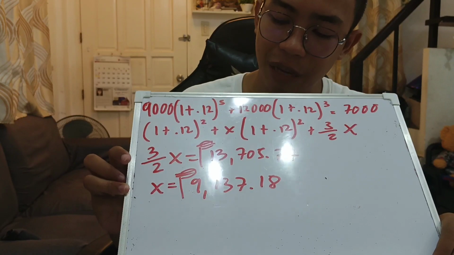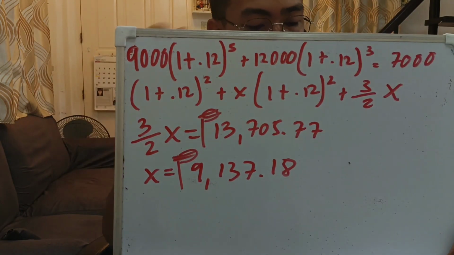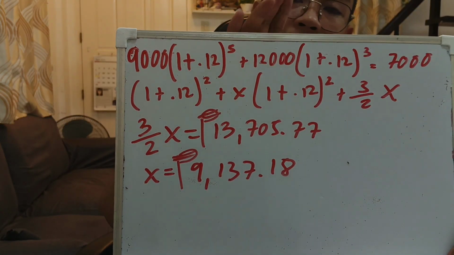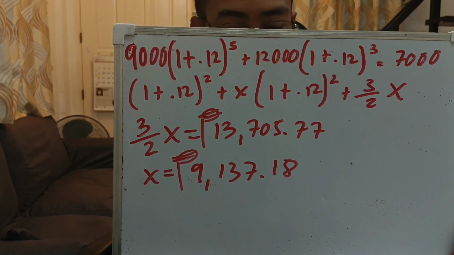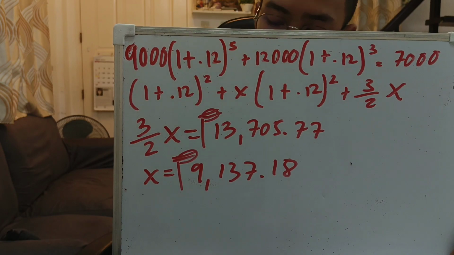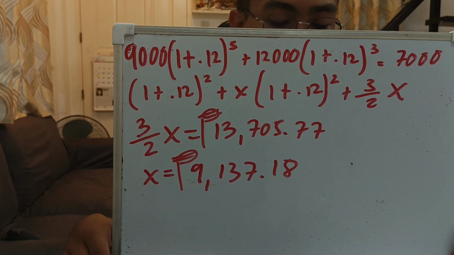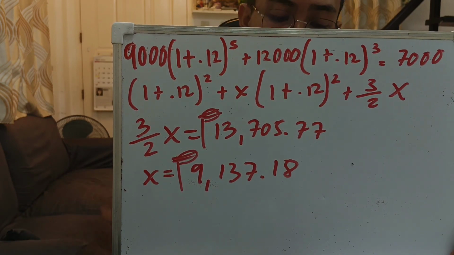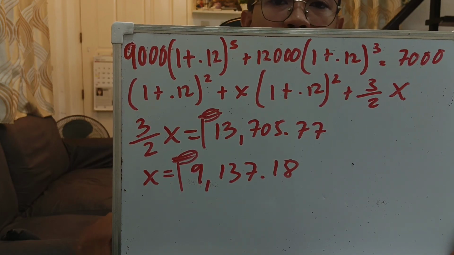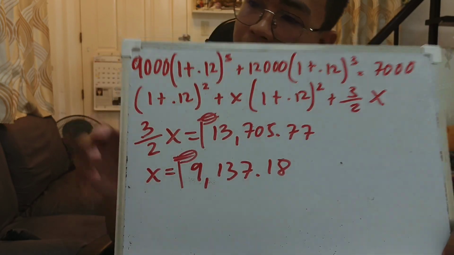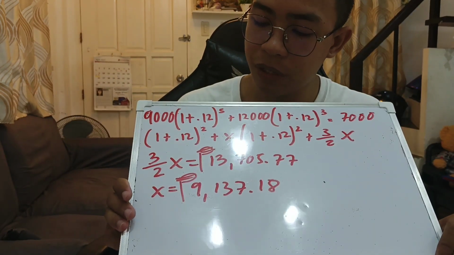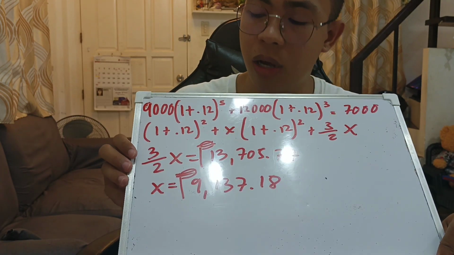So 7,000 pesos times the quantity of 1 plus the interest, 0.12, to the power of 2 plus X, which is our amount of each payment, times the quantity of 1 plus our interest, 0.12, to the power of 2 plus 3 over 2x. So again, I am using shift solve in this kind of problems.